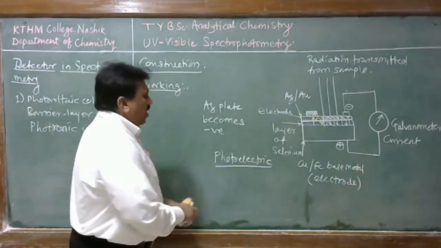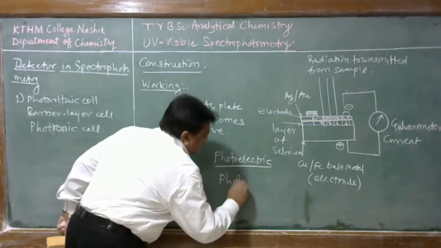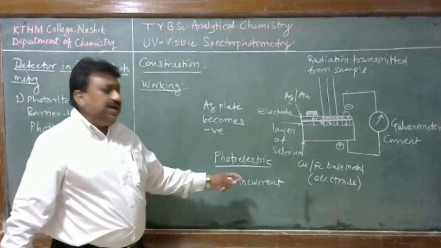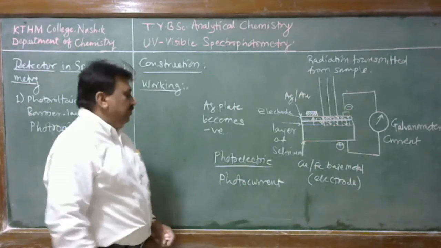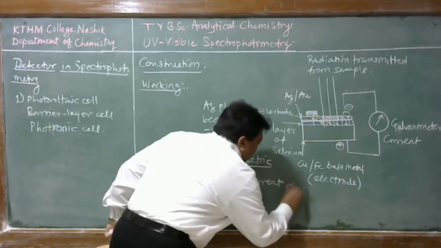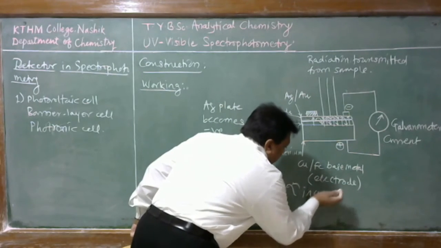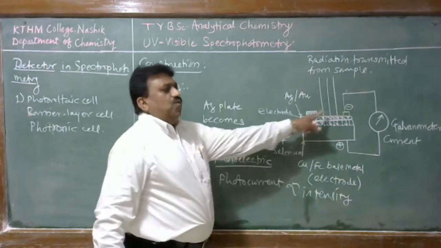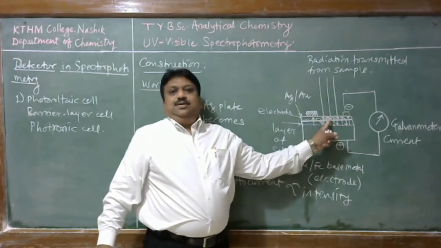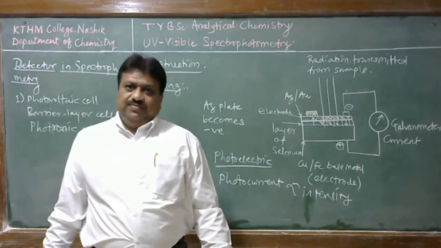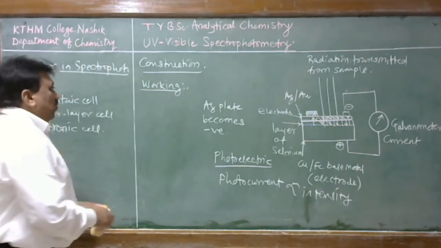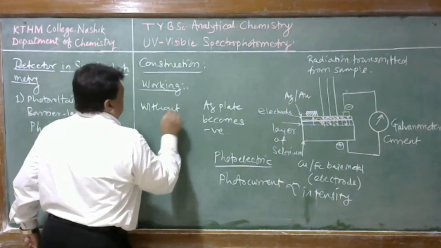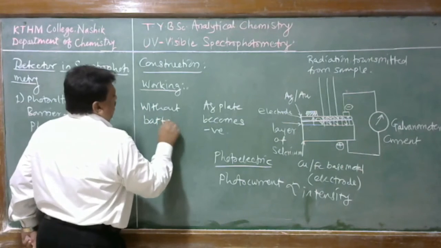This current is called photocurrent because it is generated due to photoelectric effect. This photocurrent is directly proportional to the intensity of the radiant power falling on this detector. In this way this detector works. Therefore this is a detector which operates without battery. Without battery this detector operates.